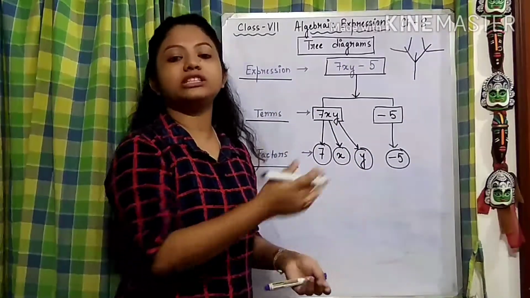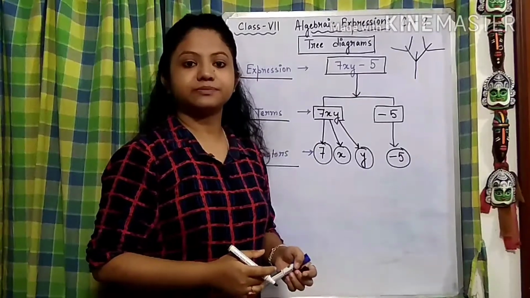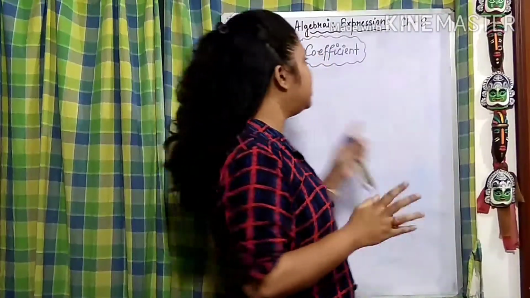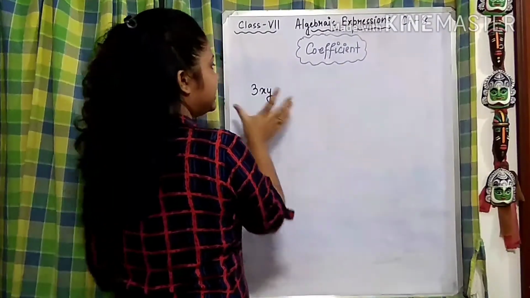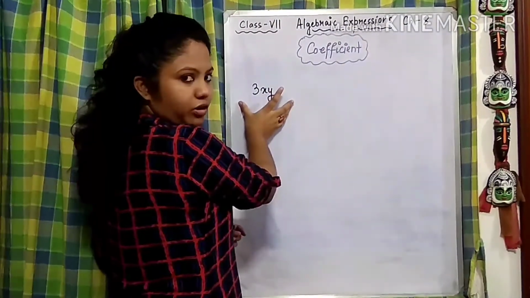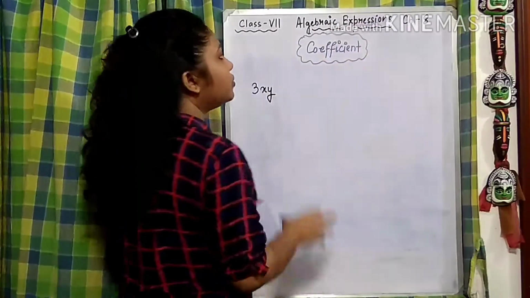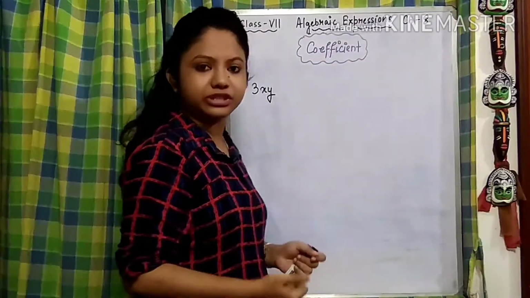Okay, so now let's look at the coefficients. When we are talking about the coefficient, I have already taken a term. How are we going to understand what a coefficient is?